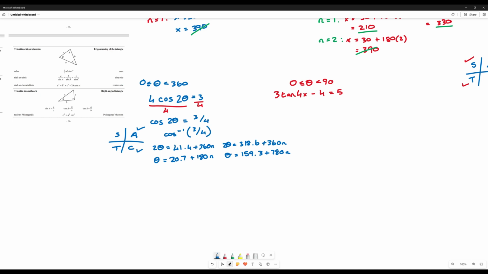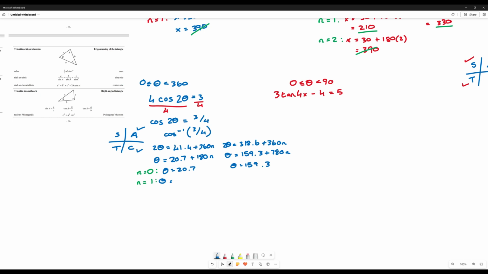And then you just do the nonsense of subbing in n equals 0. And you get your first one, theta is equal to 20.7. Theta is equal to 159.3. Then n equals 1, because we haven't hit the boundary yet. We haven't hit 360 yet, so we're just going to keep going.